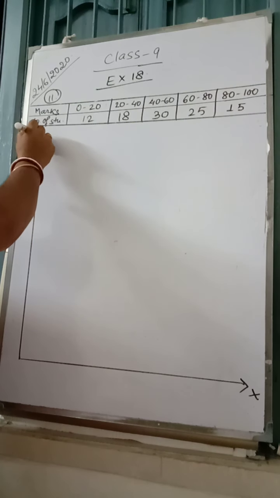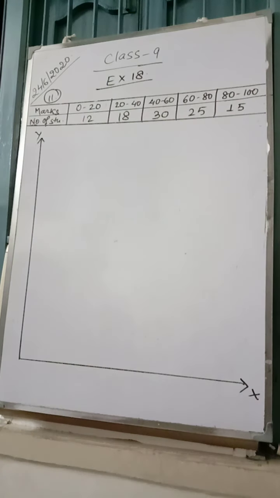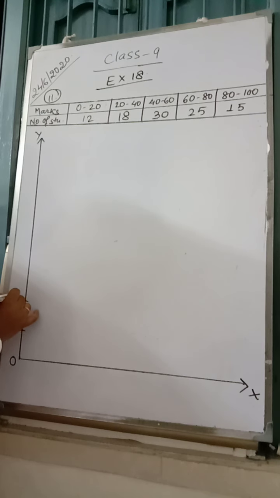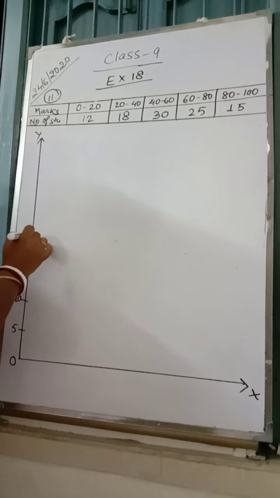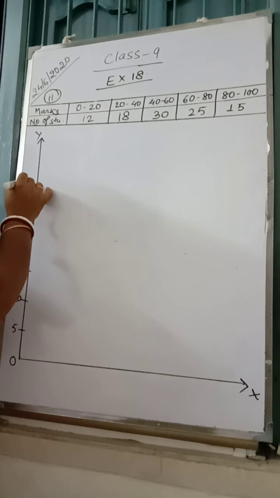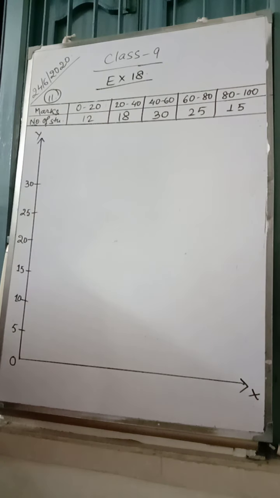Though I am doing it on a plain surface, it does not matter. Now what I am going to do? This is 0, 5, 10, 15, 20, 25 and 30. I have taken 1 centimeter and this is 5.